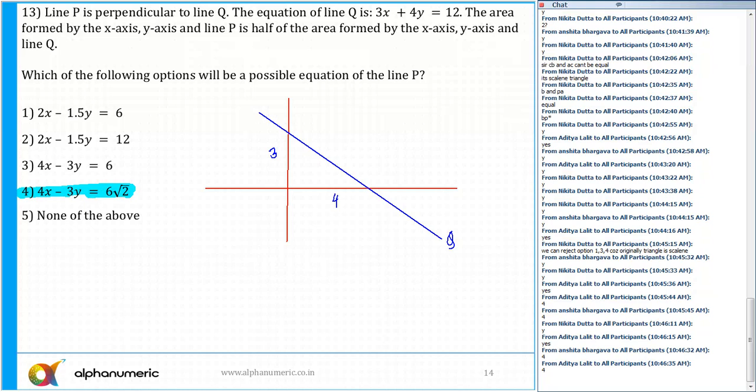And the area formed by the x-axis, y-axis and line P is half the area formed by the x-axis, y-axis and the line Q. So now there is another line which is perpendicular to this line. I'm just going to draw it separately.